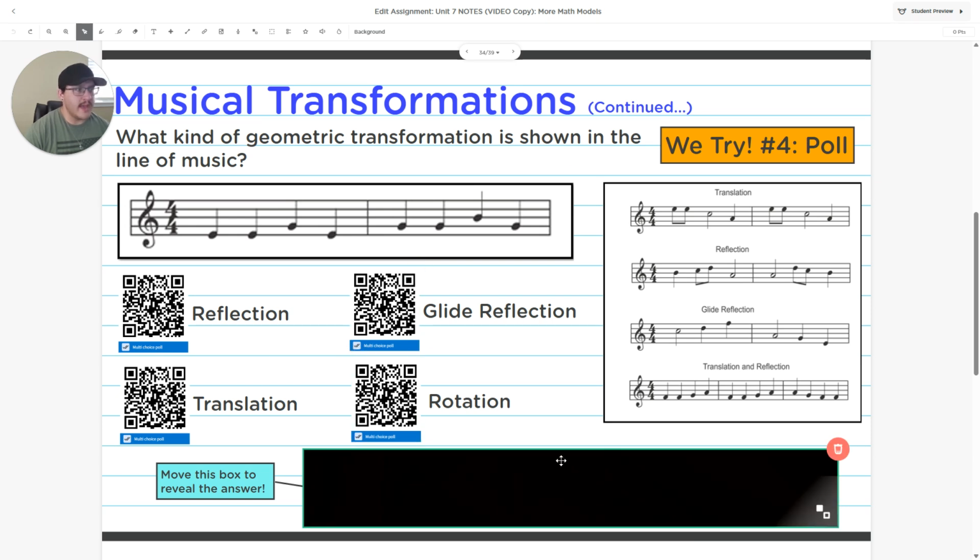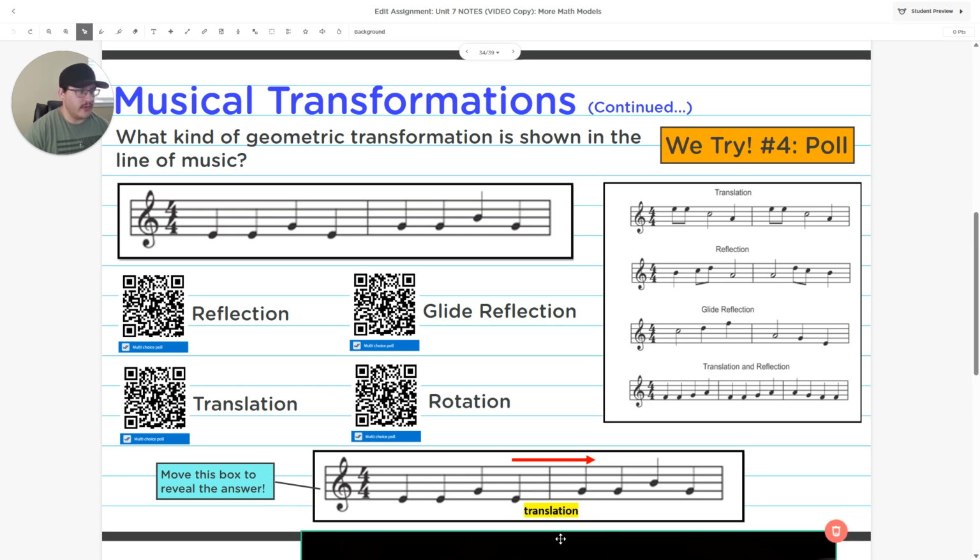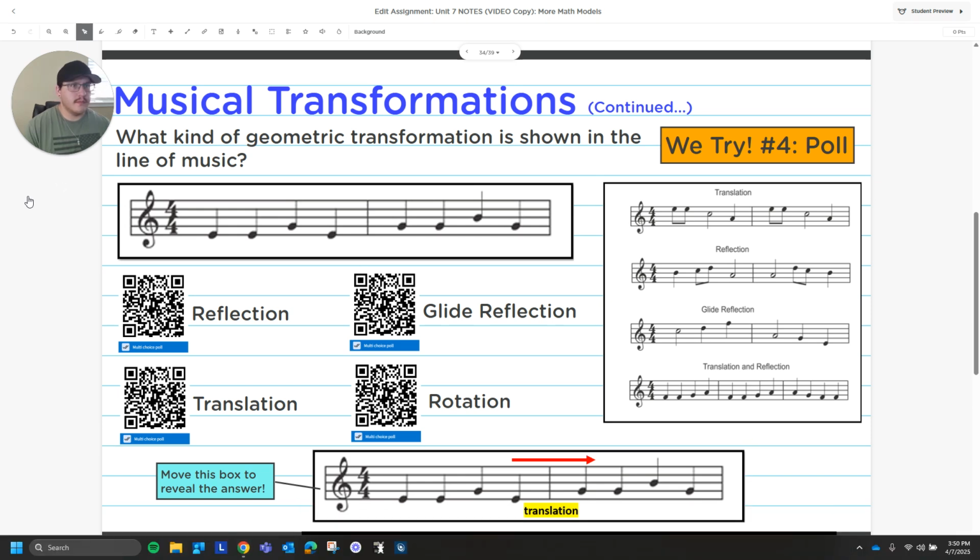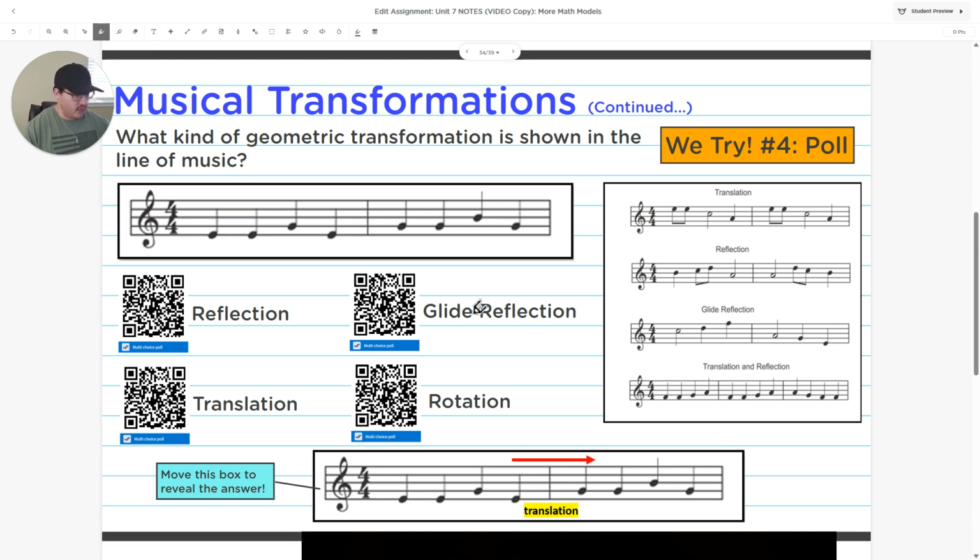Okay, so for this problem, we have a translation. Now, I probably should have better shown it right here, but there is a translation going from here up. Let me use a different color there. So this note right here moves up one line, and again from here, up one line, and then up one line.